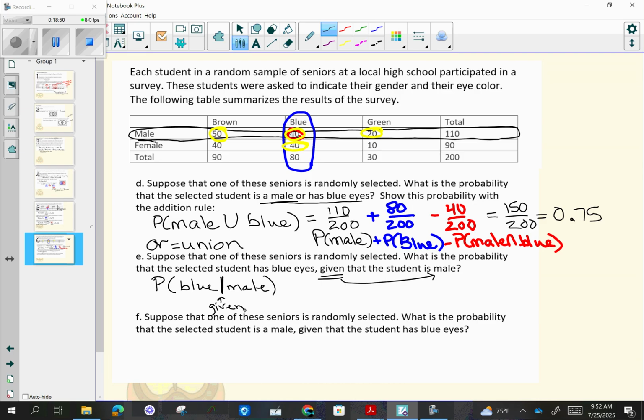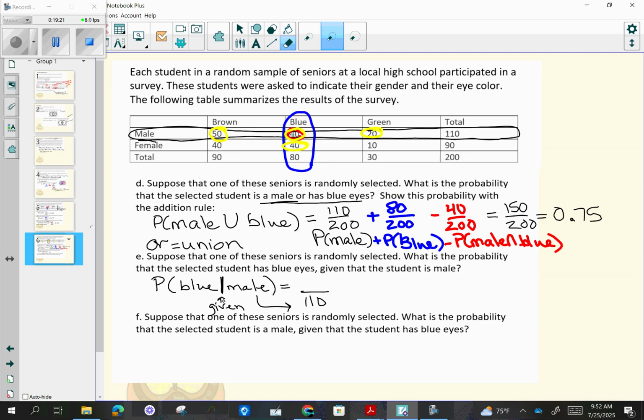What a given situation means is it's dependent now. It's no longer independent of each other. It's dependent on it being a male. So what that gives us is a new denominator. Instead of it being out of all 200, it's only going to be out of the total of males, which is 110. So now on that chart, you want where the males and the blue meet each other.